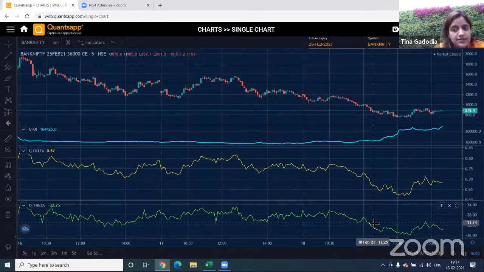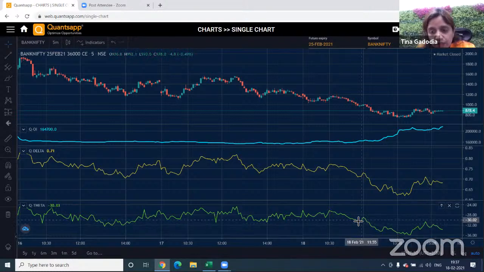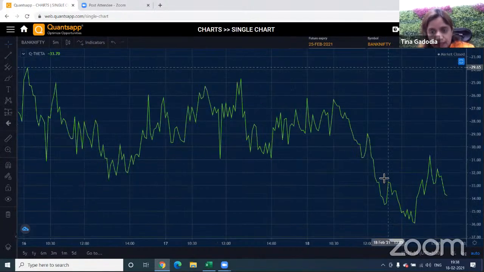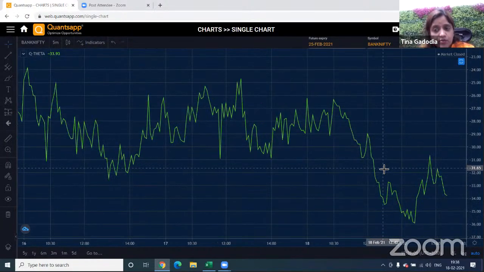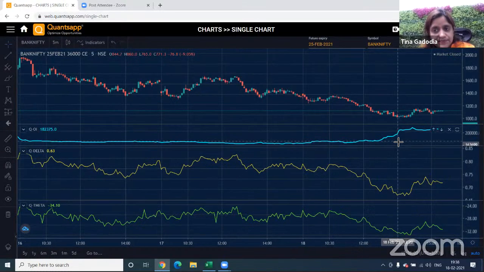Your time decay, at the money, is quite sensitive to the volatility, gamma, everything. You start seeing that. So you can actually do your analysis using the Greeks and figure out where the breakdown or the breakout is taking place.